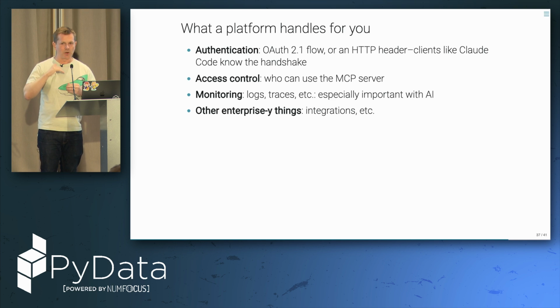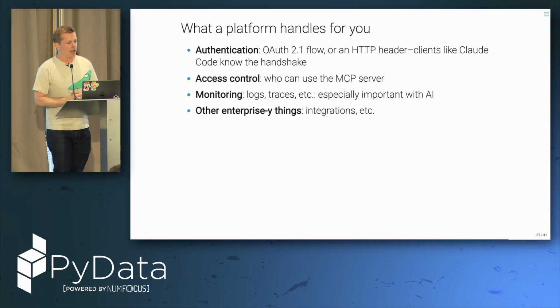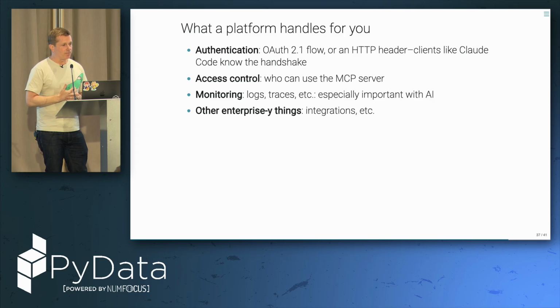It knows how to go register itself and then start this login flow. It kicks you out to the browser, you log in, and it says authentication successful, you can close this. And that's built into the MCP standard. So you can have authentication built in a way that's only short-lived tokens.